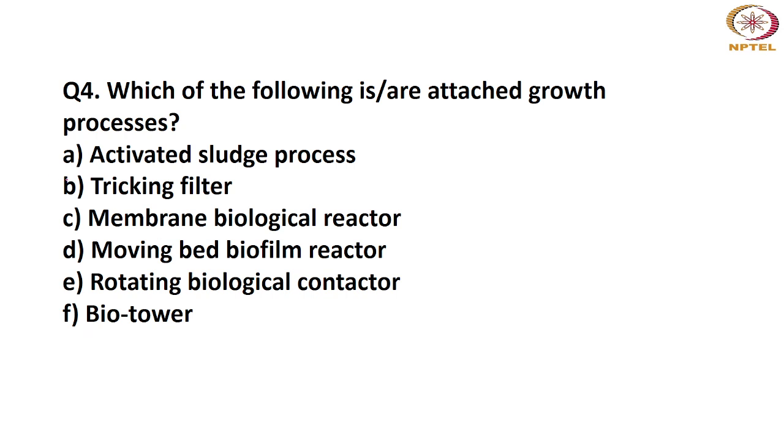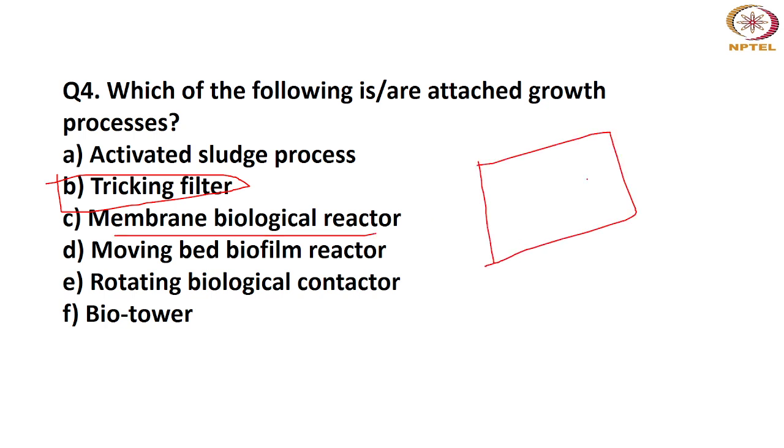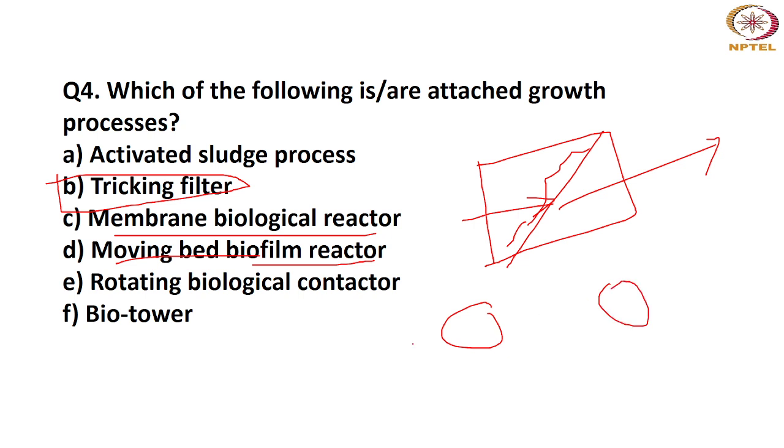I hope all of you are aware of this trickling filter. Then this MBR. Here also we are using some kind of membrane for the attached growth development of the bacterial cell, and we are getting treated water. Then moving bed biofilm reactor. I cannot show you the picture right now. Then rotating biological reactor, which I already explained how it works.